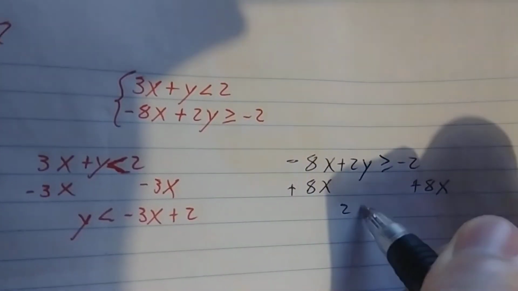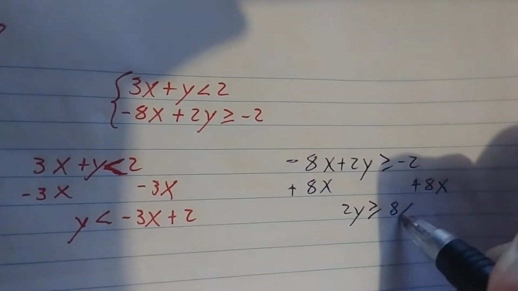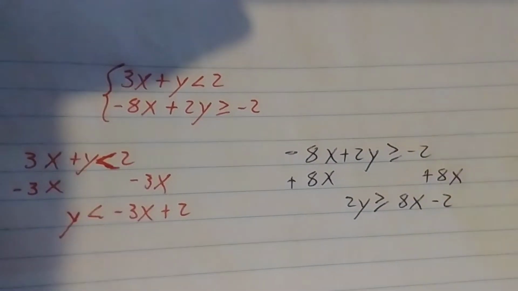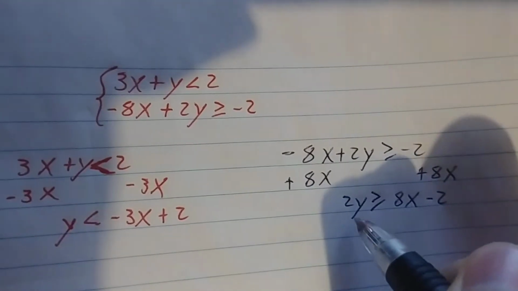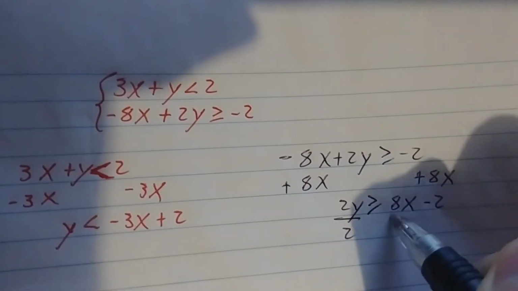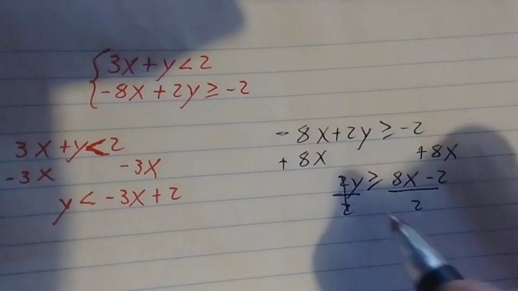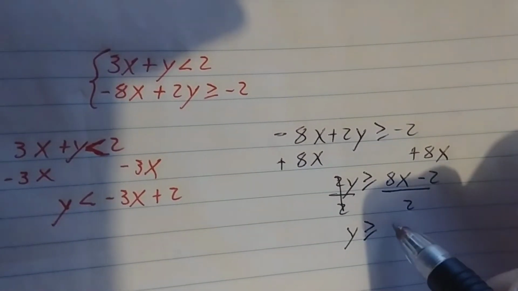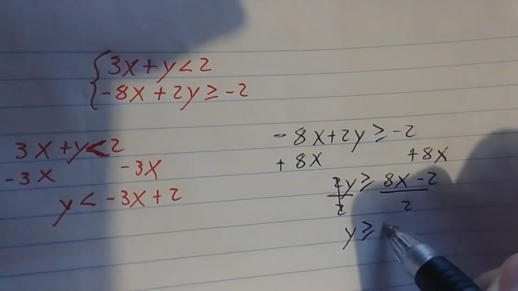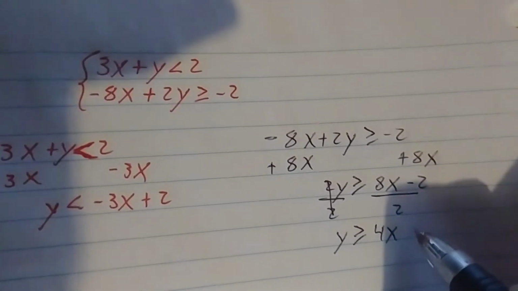I'm left with 2y is greater than or equal to 8x minus 2. I still have to divide by 2. Divide by 2 and divide by 2. That goes away, so I'm left with y is greater than or equal to, well, 8 divided by 2, that's 4x. And negative 2 divided by 2 is negative 1.